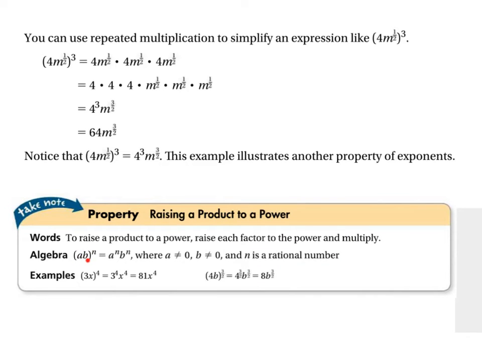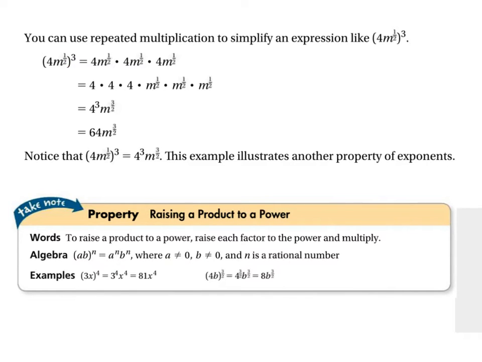So ab as a base raised to the n is the same as a to the n times b to the n. Okay, we're not using bases of 0, and we're talking about when we have rational numbers for our exponent, either a whole number or an integer, positive or negative number, or a fraction.